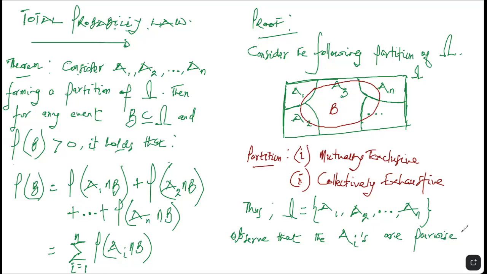They are pairwise disjoint. And their union is omega, right?